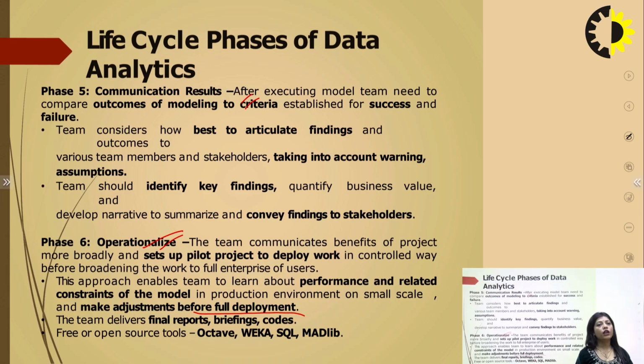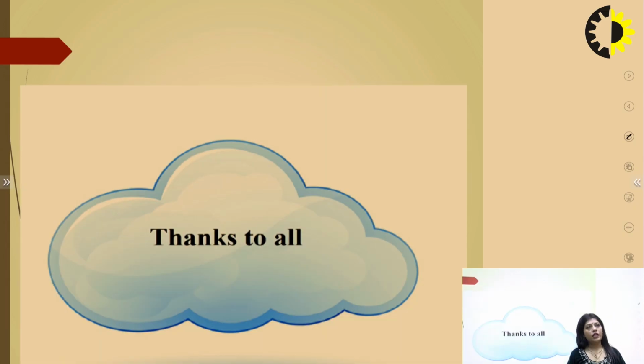So if the customer wants any changes, they can make them before full deployment. The team delivers the final report, final project, briefings and the code. The tools for the operationalize phase are Octave, Weka, SQL, MATLAB.